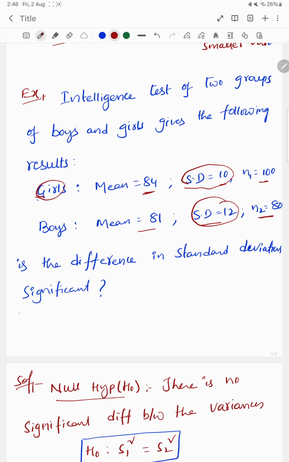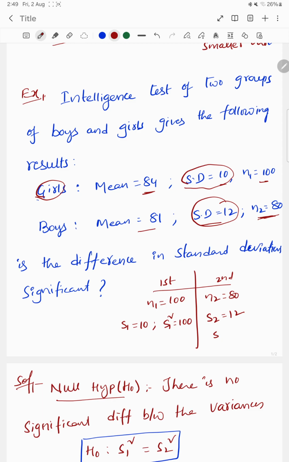While writing the given data, for the first sample n1 was 100 and its standard deviation s1 is equal to 10. So we can say that s1 square, the variance, is equal to 100. Similarly, for the second sample, n2 is equal to 80 and its standard deviation s2 is equal to 12, and its variance s2 square is equal to 144.